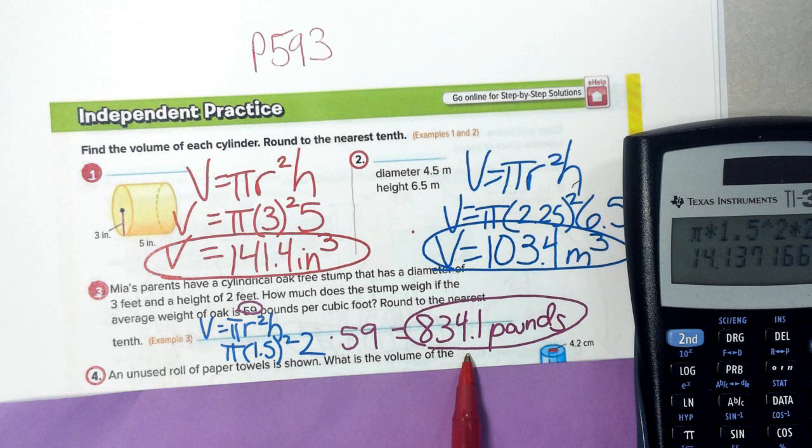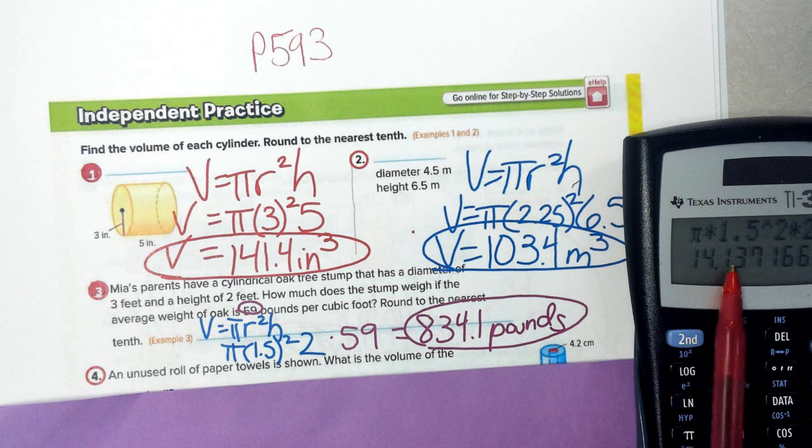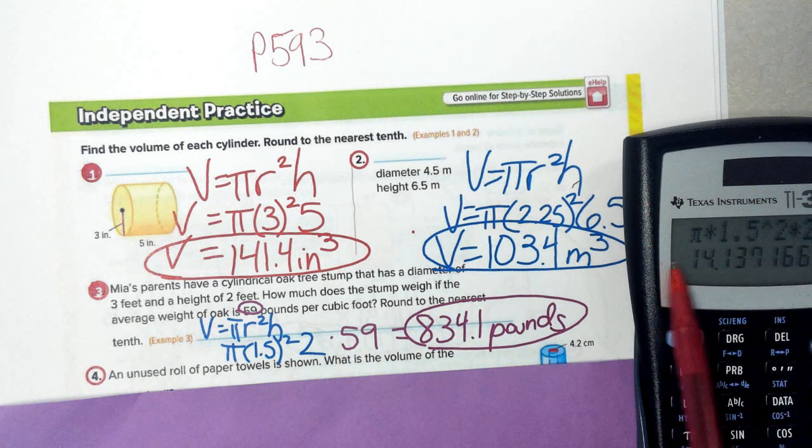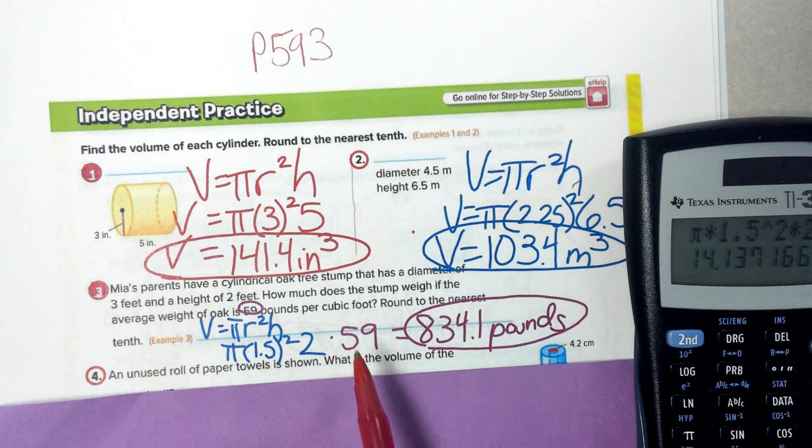Your answer was probably about 831.9. So if you had 831.9, you're not really wrong. You just rounded in between and then rounded at the end again. We don't like to round twice. So usually we just keep it straight in the calculator, then times by 59 to get our answer, then round at the end. Okay?